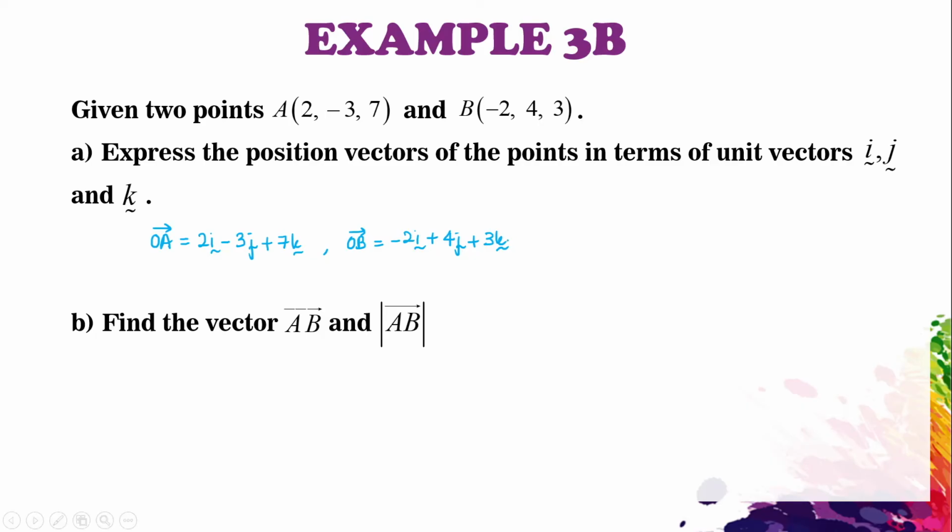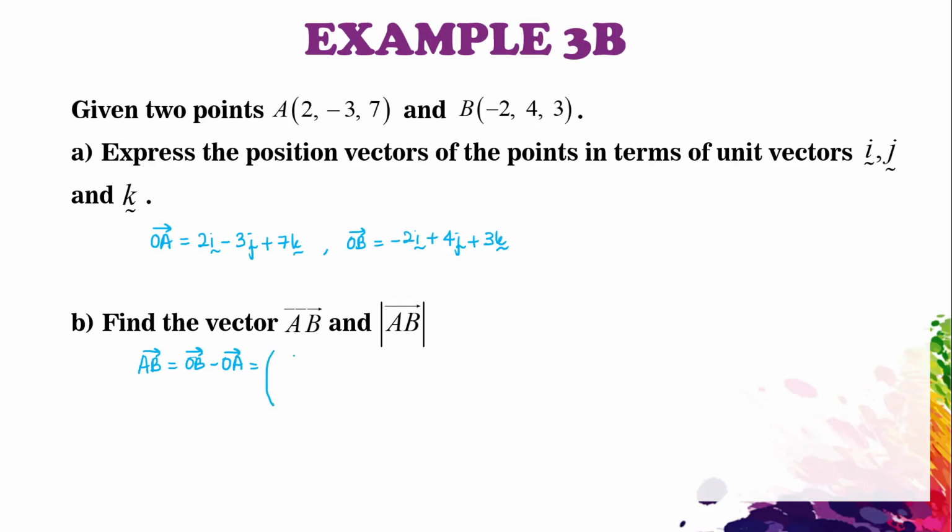So move to part B. Find the vector AB and its magnitude. To find the vector AB, it will involve the resultant of two vectors. As we know from the previous slide, the resultant of two vectors is defined by the position vector of the vector at the back minus the position vector of the vector at the front. So in order to find AB, it's going to be OB minus OA.